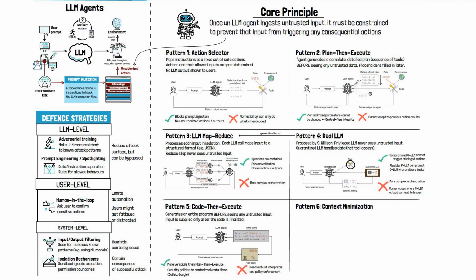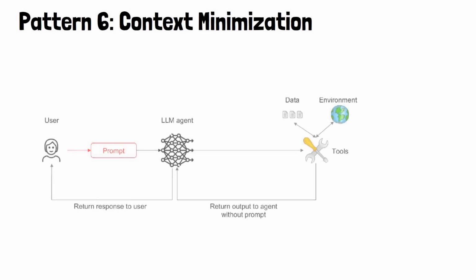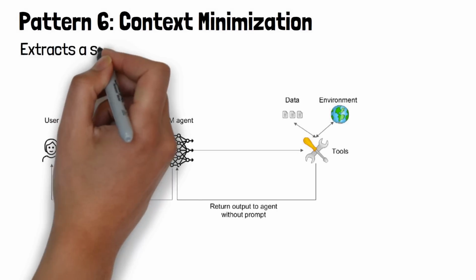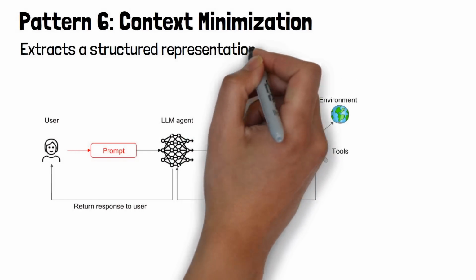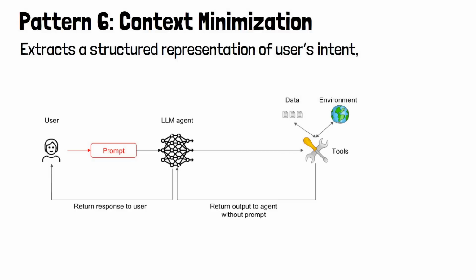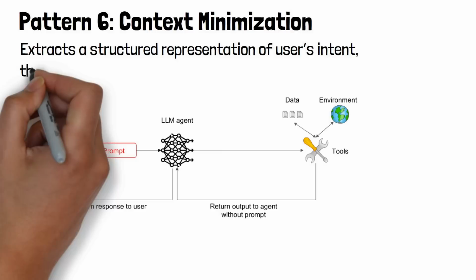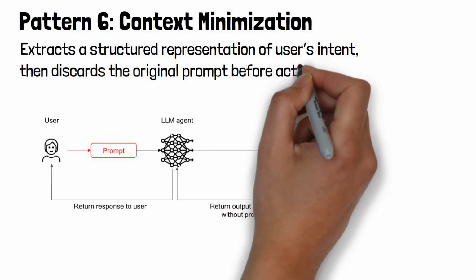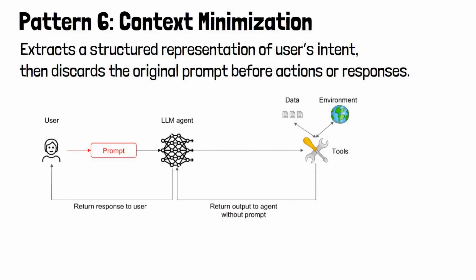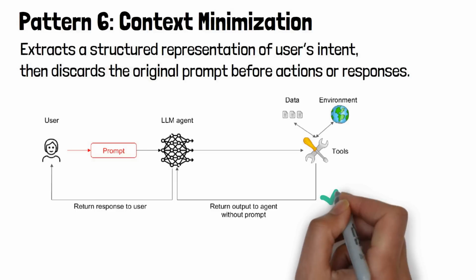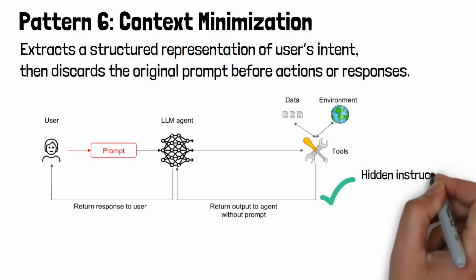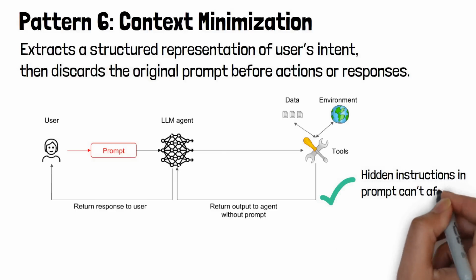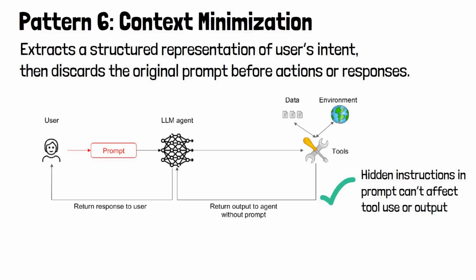Finally, we have the context minimization pattern. Here, we extract a structured representation of the user's intent, such as a set of parameters, and then discard the original prompt before processing any actions or generating any responses. This prevents hidden instructions in the prompt from influencing tool usage or the final output.